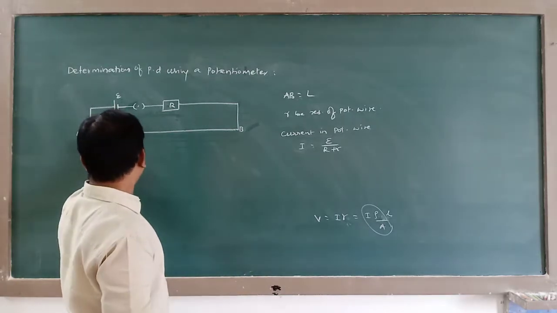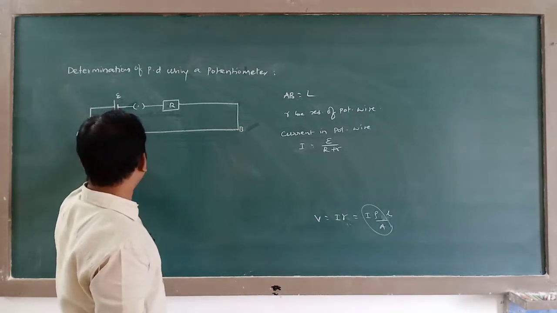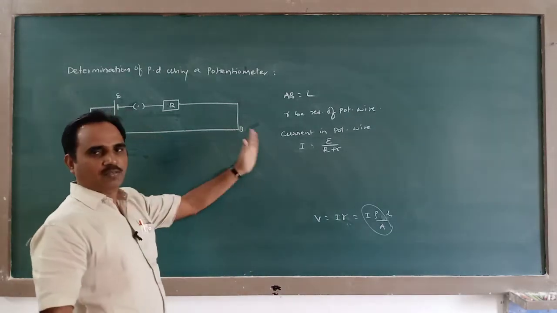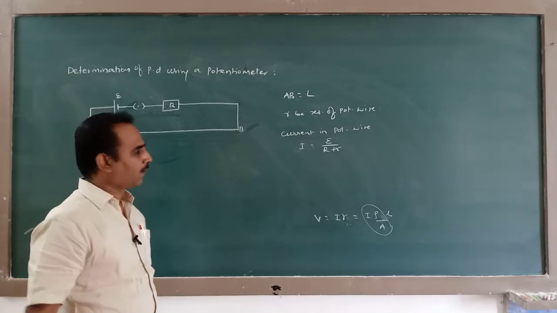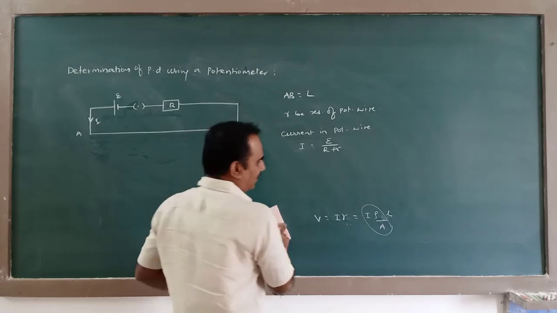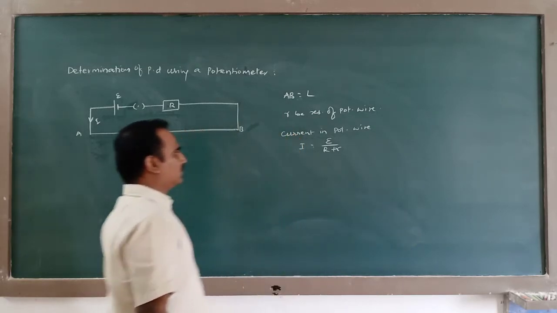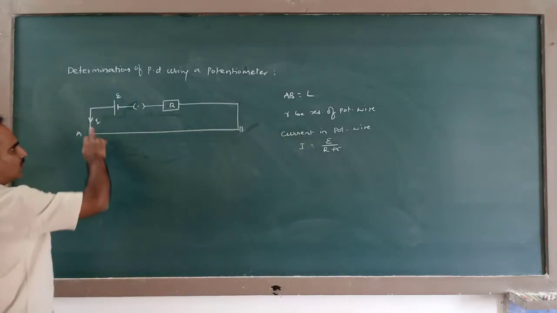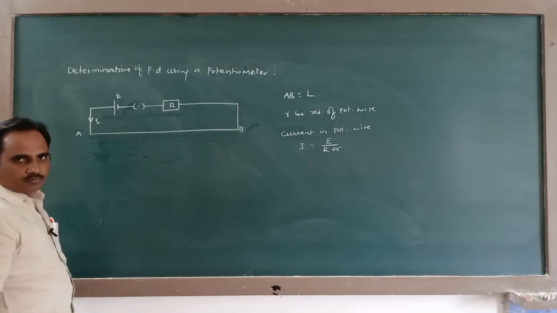So if I take a small length, the potential difference will be smaller. If I take a large length, the potential difference becomes larger. And based on this idea only, it can be used to measure the potential difference. So this circuit is called the primary circuit.